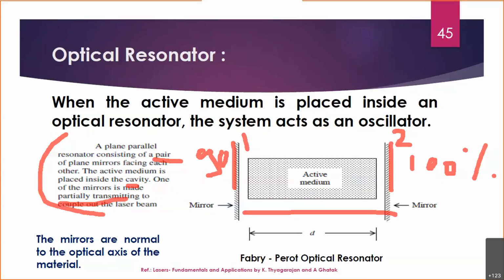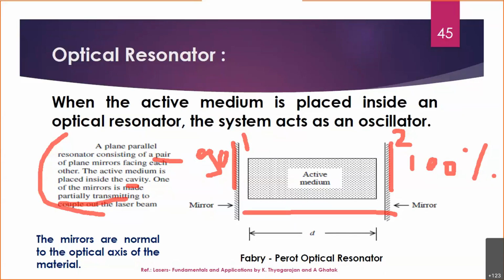And again, if you go through the book of any laser physics, you will see this is just a very simple system. Plane mirrors, that's it. But apart from that, you can take a combination of curved mirrors also. So one can be a concave mirror and the other a plane mirror, or you can take a convex mirror and a plane mirror, or you can take both convex, or both concave. Multiple varieties may be possible in this setup.